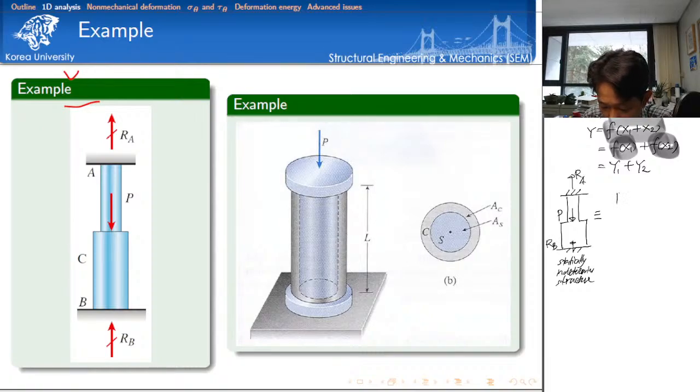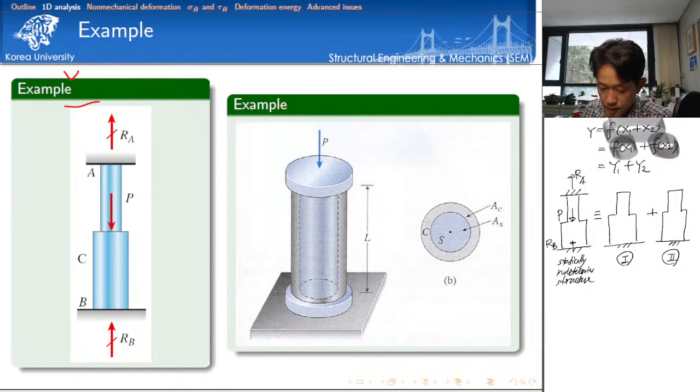I'd like to decompose this structural system into two: the first, system 1, plus system 2. And then here we want to consider the external load P. Because we have external load P, there must be a reaction here.